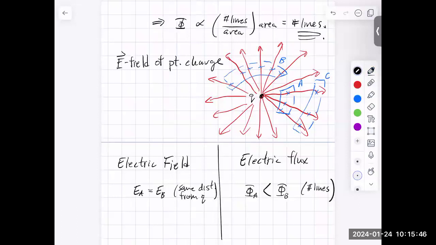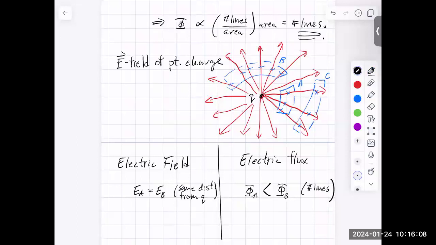So C is further away from Q than A and B. And so is the electric field weaker or stronger at C? Weaker, that's right. So we just look at the density of the lines and we see that the lines are more further spaced out in C.